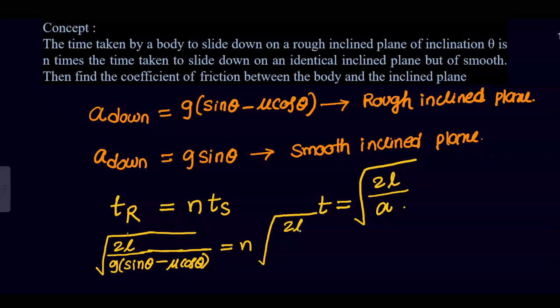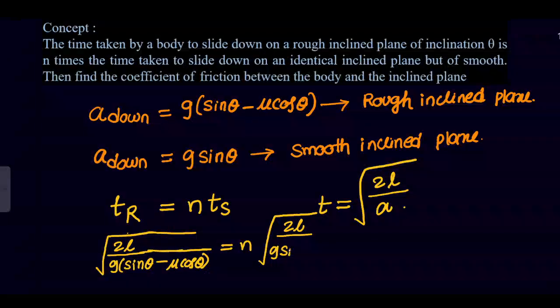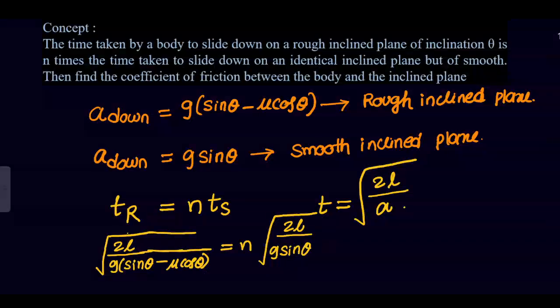The only difference is that smooth they are saying, and in the smooth case the a value is g sine theta. And do simplify, get this value.